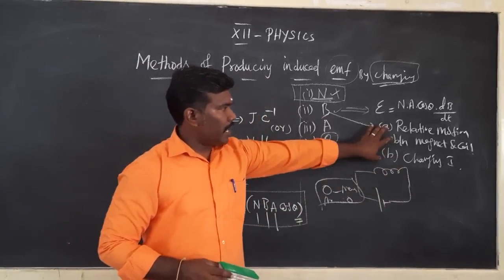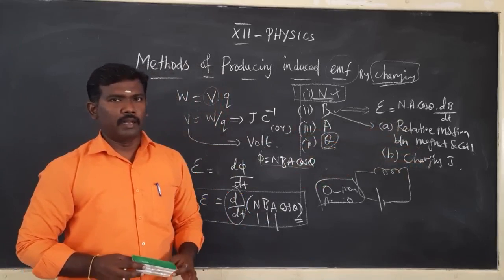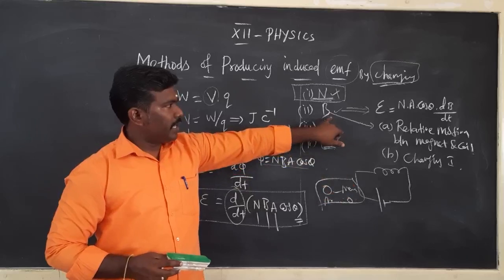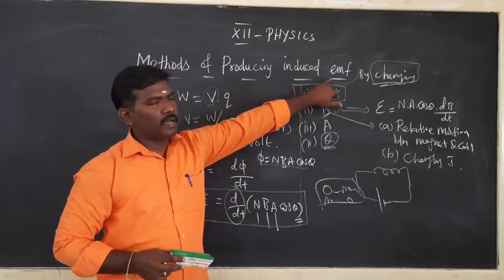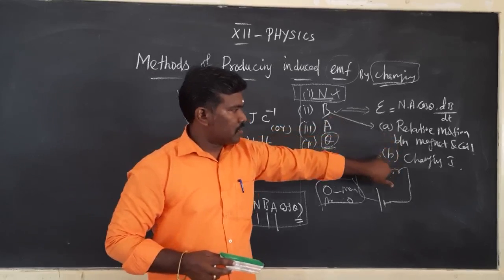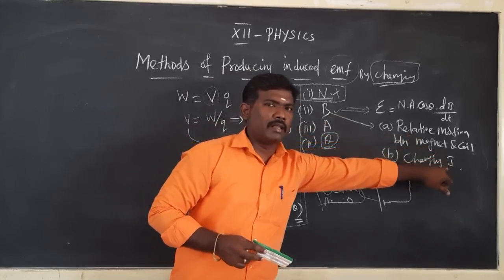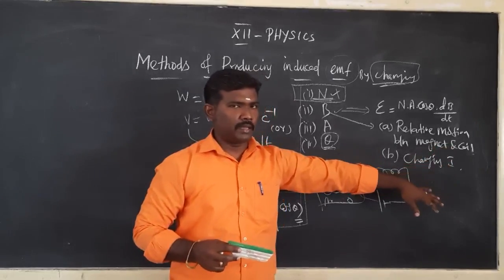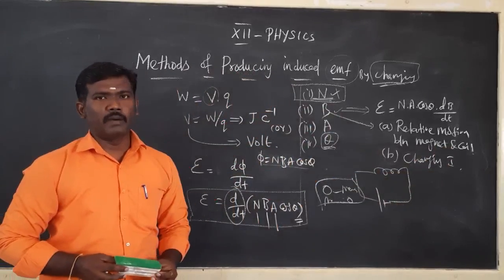So there are two ways to change the magnetic field in the coil: changing the relative motion between the magnet and the coil, and changing the current, increasing or decreasing the current in the given circuit.